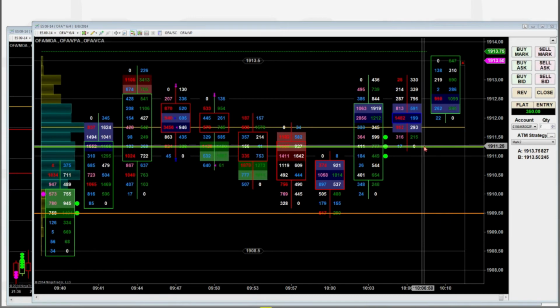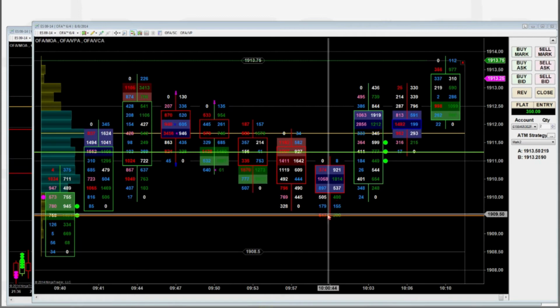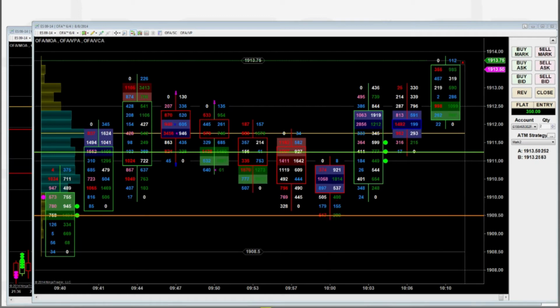And now IB is holding. So what I'm expecting is if I go back into news, that maybe I'll see something that kind of contradicts. Let me see, when would that be? Back down at 10 o'clock.